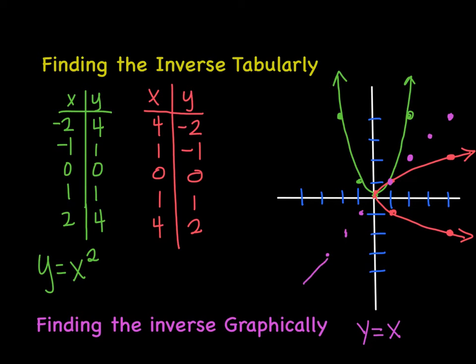And if I draw this parent function through here freehand style, not quite perfect, you can see that if I fold my paper over on this line y equals x, the green one would fold over to the red one. That's how I test an inverse graphically. I reflect it over the line y equals x.